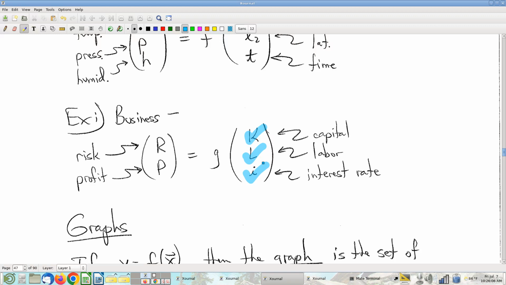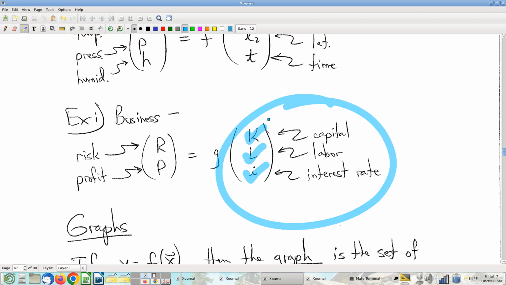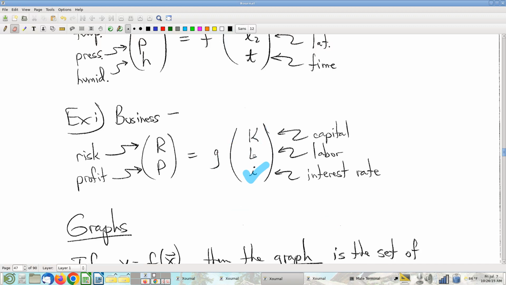And you could reasonably ask, given certain values of my scenario, I would like to know what results from that in terms of how much risk I am exposing myself to, and how much profit I stand to generate as a result of the scenario at hand, right?